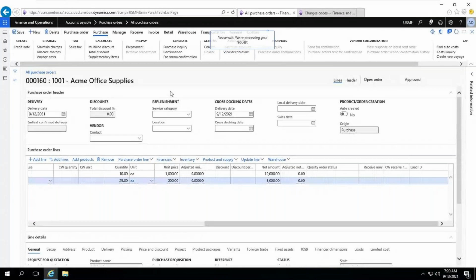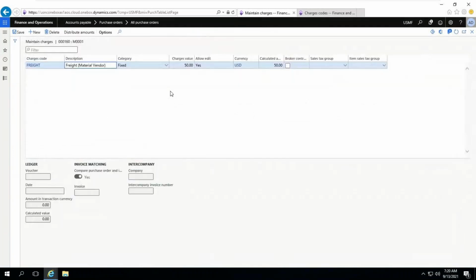I will show another calculation based on per line and quantity. So I'm deleting this one, $50.